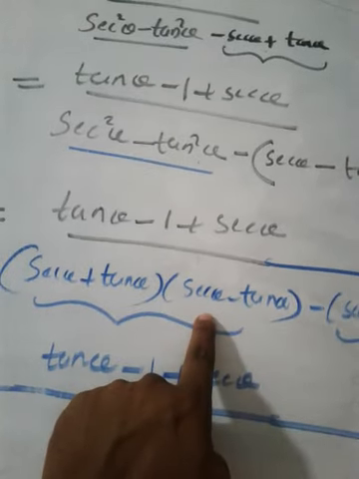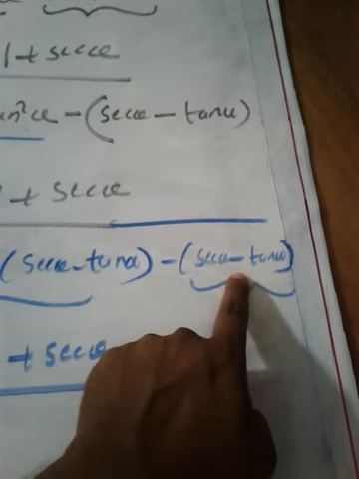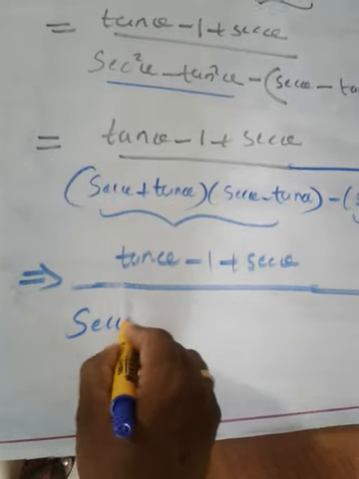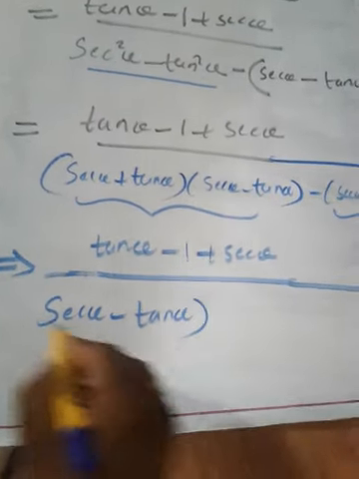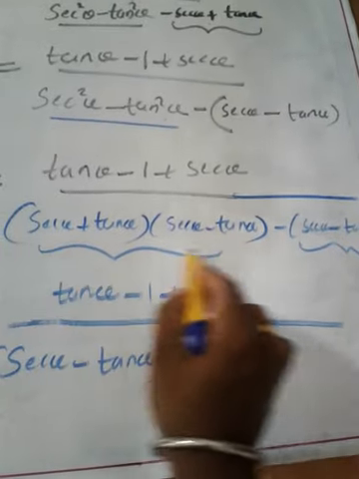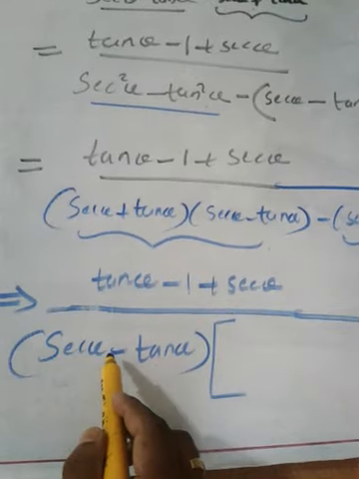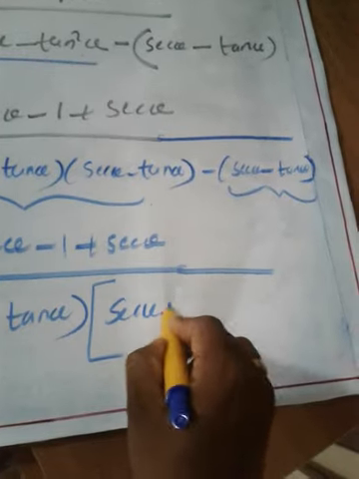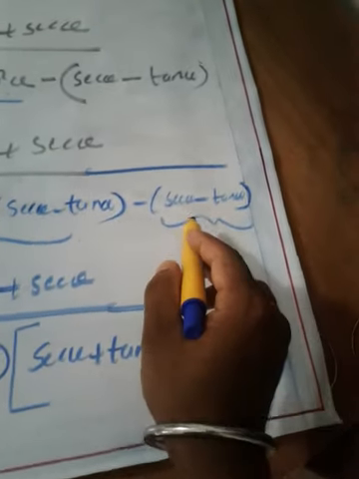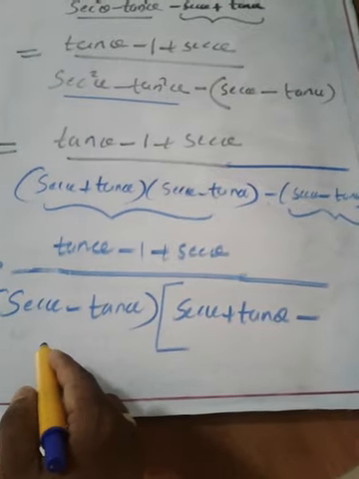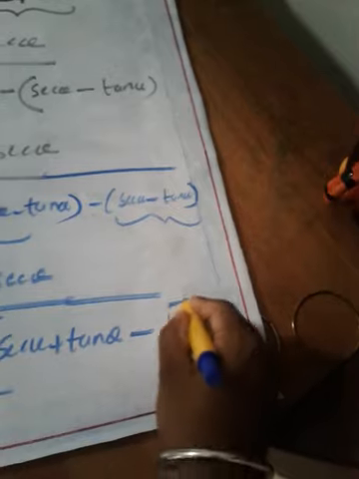So just take it outside. When you take sec theta minus tan theta outside, you can give a bracket. Then in the first term, what will remain? Sec theta plus tan theta. Here what will remain? Sec theta minus tan theta came outside, so nothing will remain. So you have to write 1.